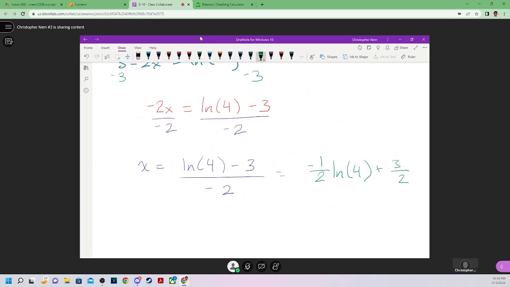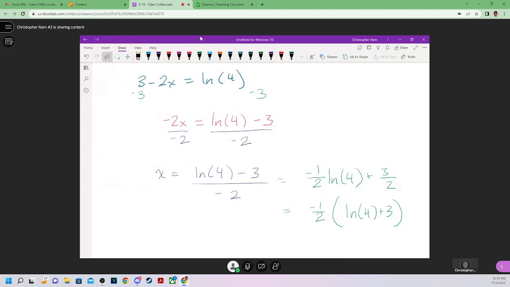You might also see it as 1/2 times ln of 4 plus 3. Just know these are all alternate forms. They all are equivalent to each other. I'm just rewriting it and expanding it. I accept either, so this is the value you have.